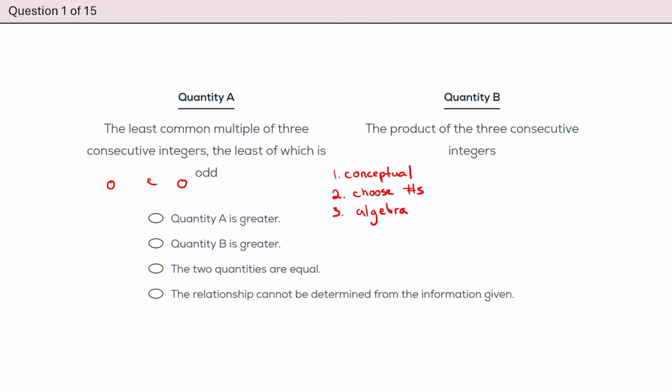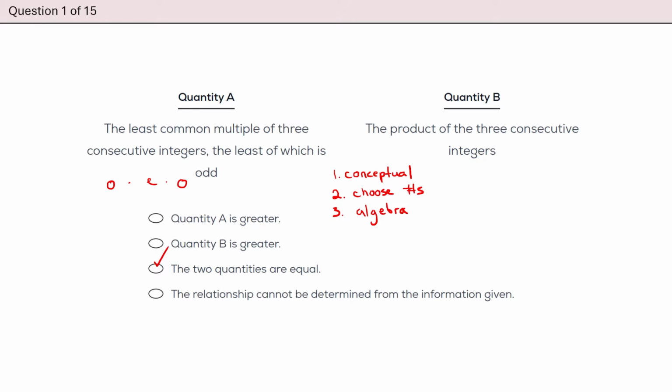If your conceptual knowledge is really strong, you will know that these three numbers share no factor other than 1. They don't share any other factors whatsoever. The reason why that's important is because whenever that happens, the LCM is literally just the product of the three numbers. So that would be C.